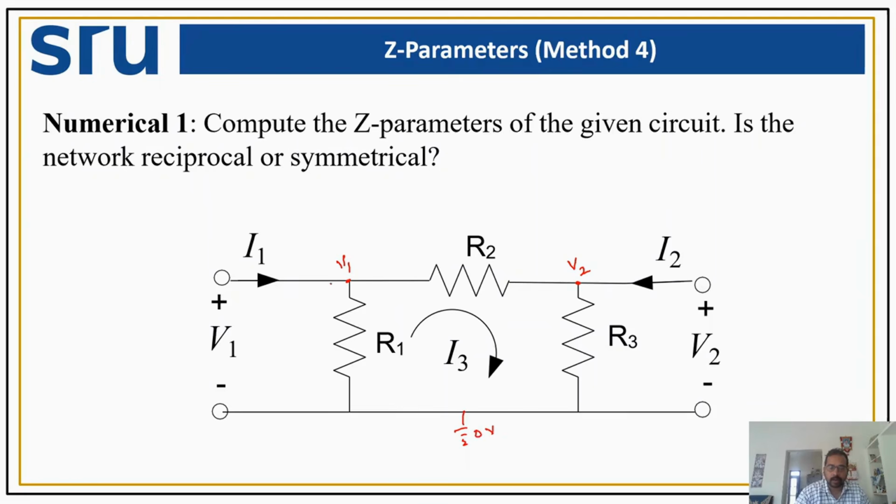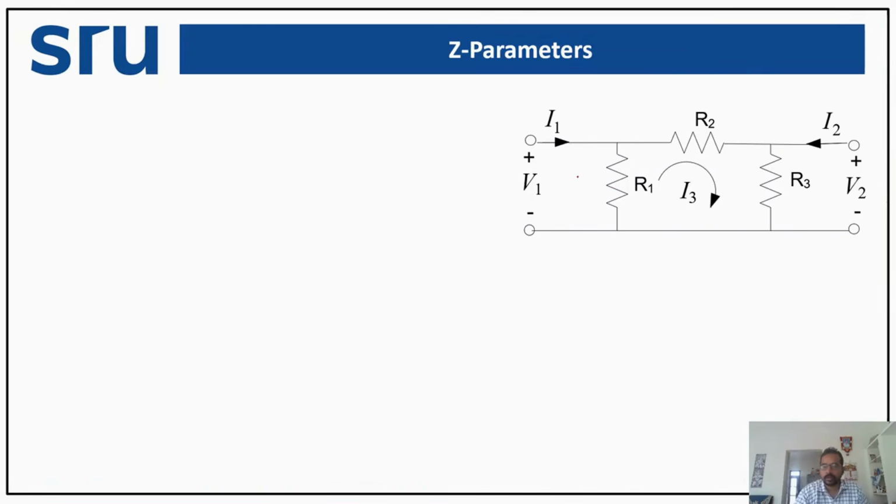Now we try to apply our nodal analysis at these 2 nodes. If you assume this is V1 and this is V2, as there is no drop over here, the voltage at this particular node will be equal to the voltage at the node across it, and likewise for the other.